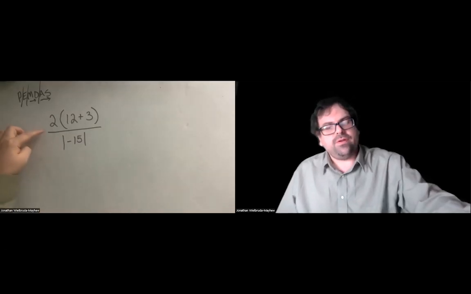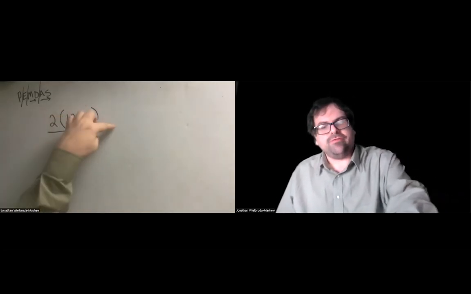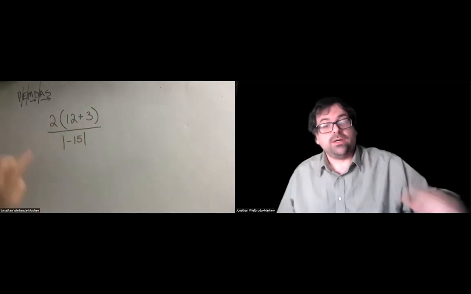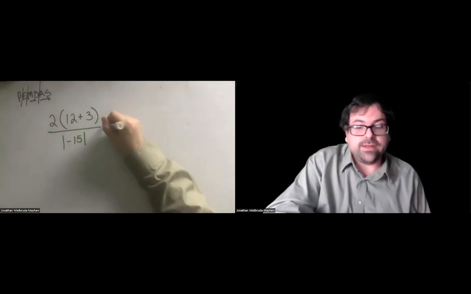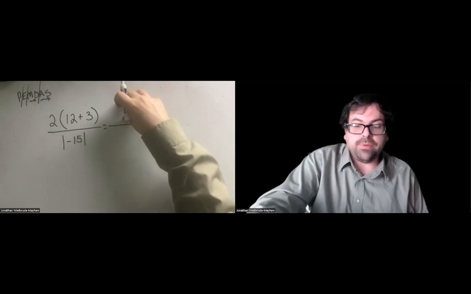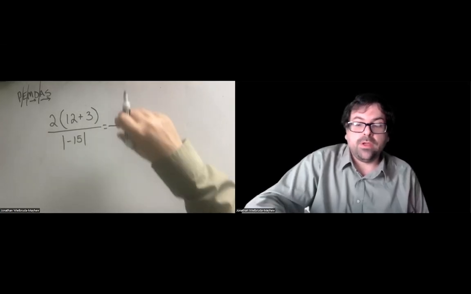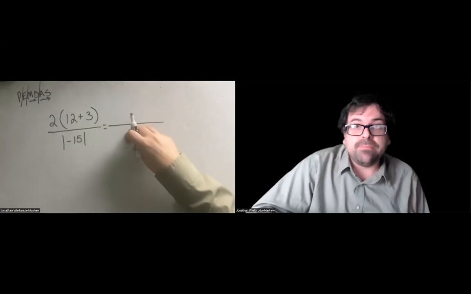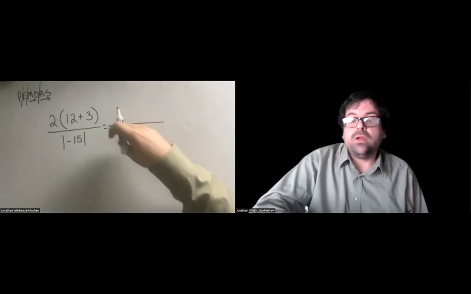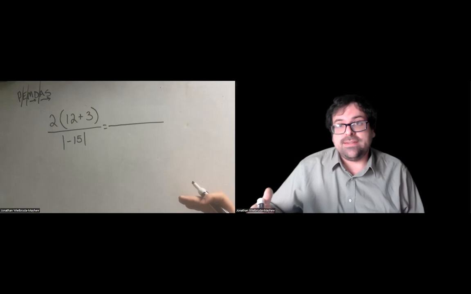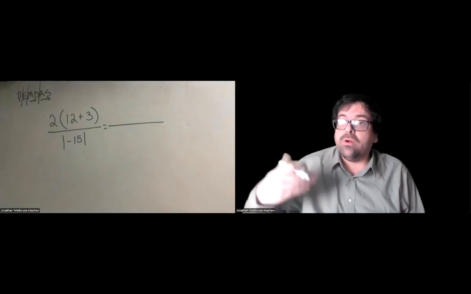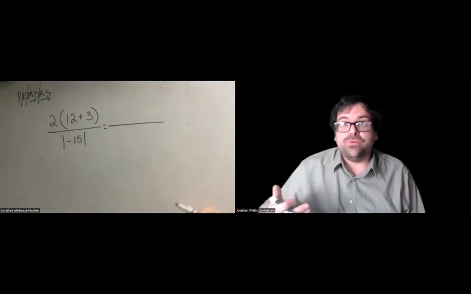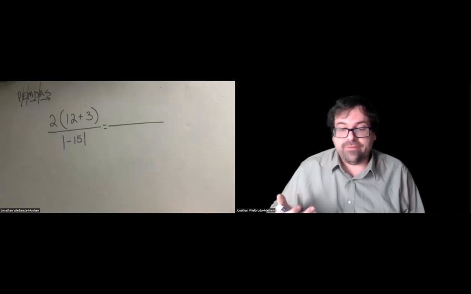When we have it looking like a fraction, when we have a division bar, we treat the top as one problem, we treat the bottom as one problem, and once they're both simplified as far as they can go, we divide at the end. Or if it's not divisible, we reduce the fraction form that we have.